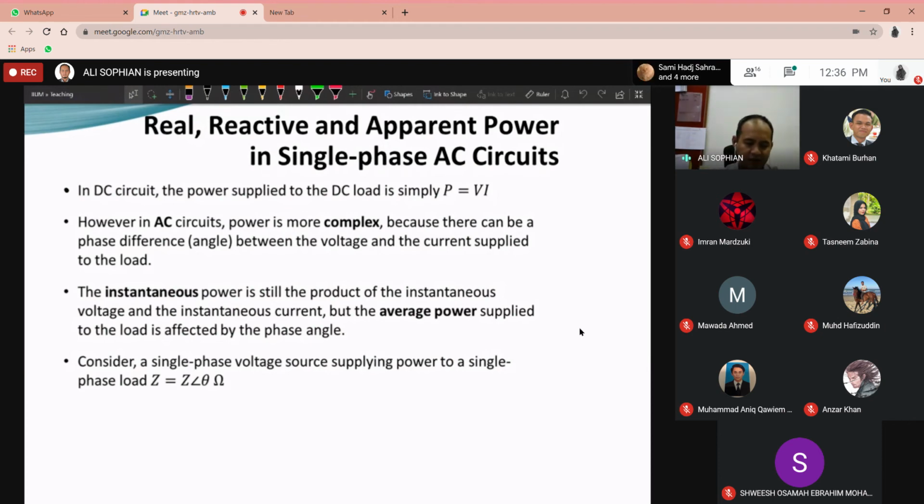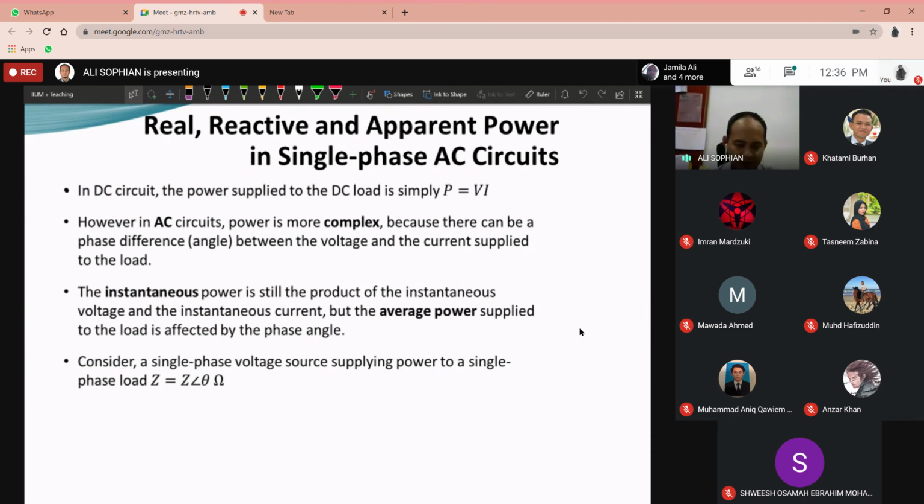So if we are talking about the instantaneous power, then it's simply V times I, the V at that particular time times the I at that particular time. But when we talk about the real, reactive, and apparent power later on, the average ones, then the actual magnitude will be affected by the phase angle between the voltage and the current.